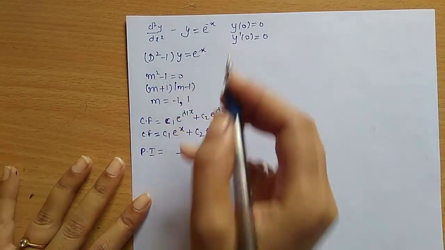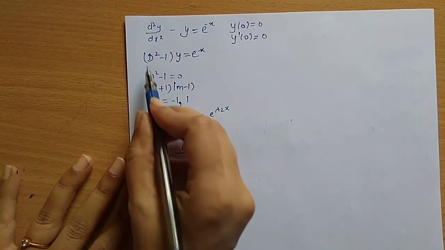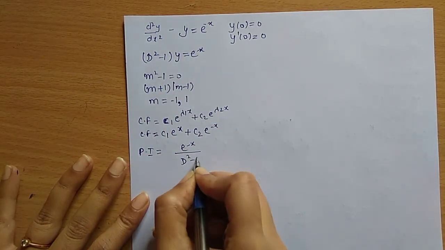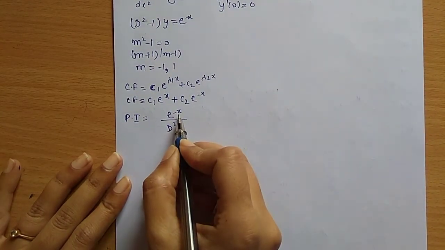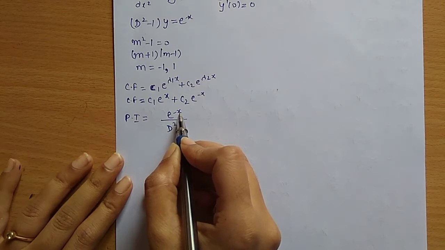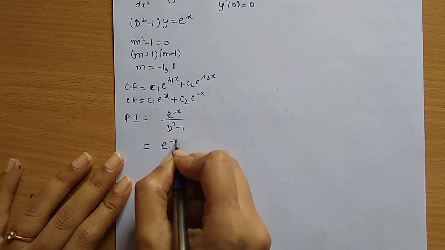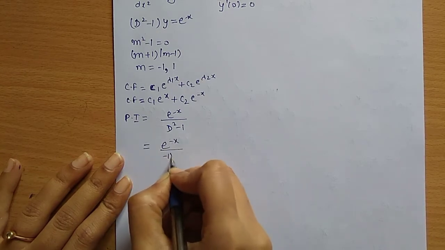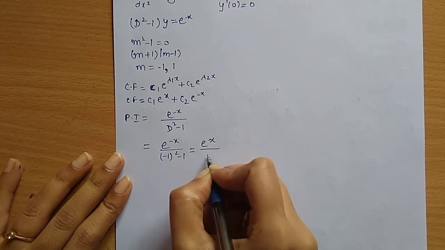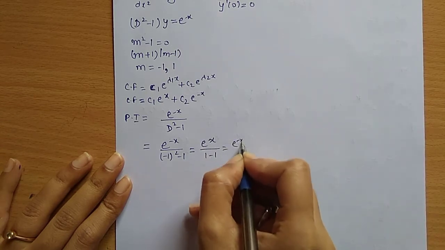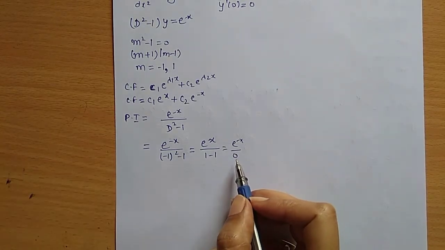For finding PI, you have to write the right hand side in the numerator like this, and this term in the denominator. Next, you put the coefficient of x at the place of D, means e to the power minus x over (minus 1) square minus 1, and this will give you 1 minus 1, and in the denominator we are getting 0.